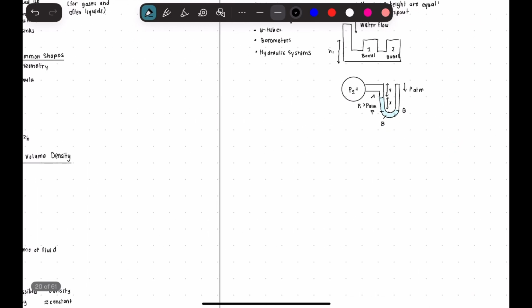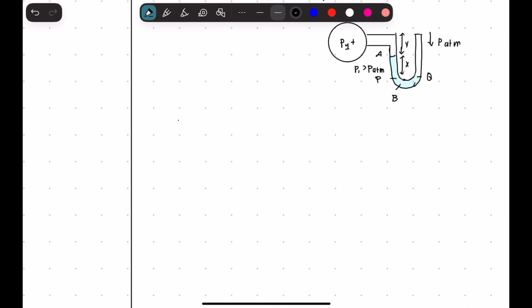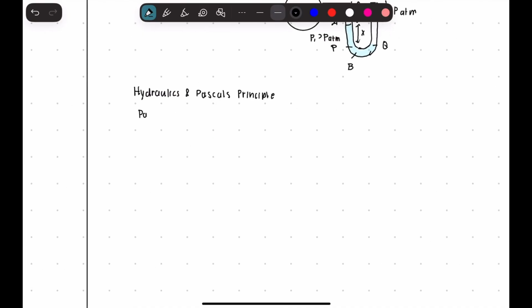Now, let's move on to hydraulics and Pascal's principle. So you need to know Pascal's law, which essentially states F1 over A1 is equal to F2 over A2.